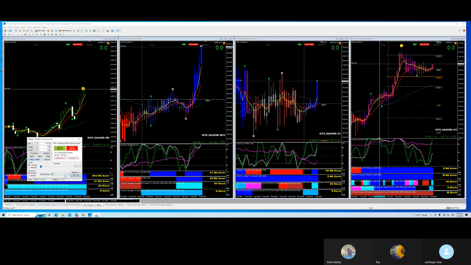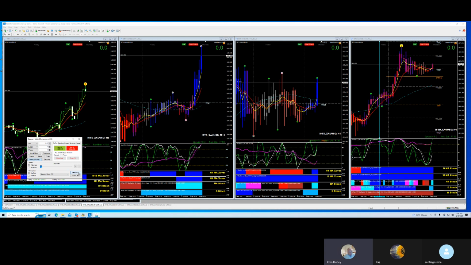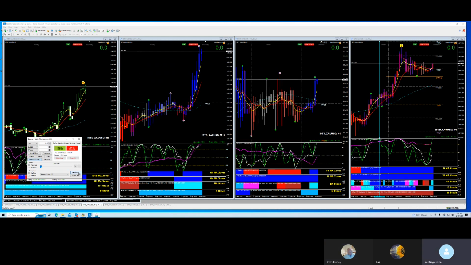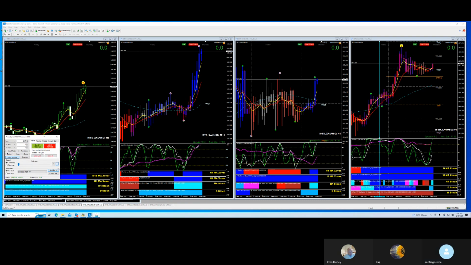Okay, so this is close to the end of this hour, right? So this is your last trade you took on for this hour. And the next hour starts. This is the starting of the next hour. And we said we were waiting for another trend trade to go long.